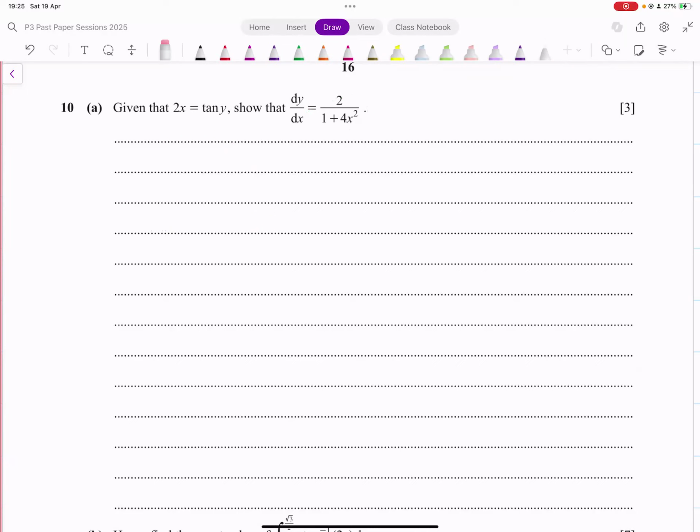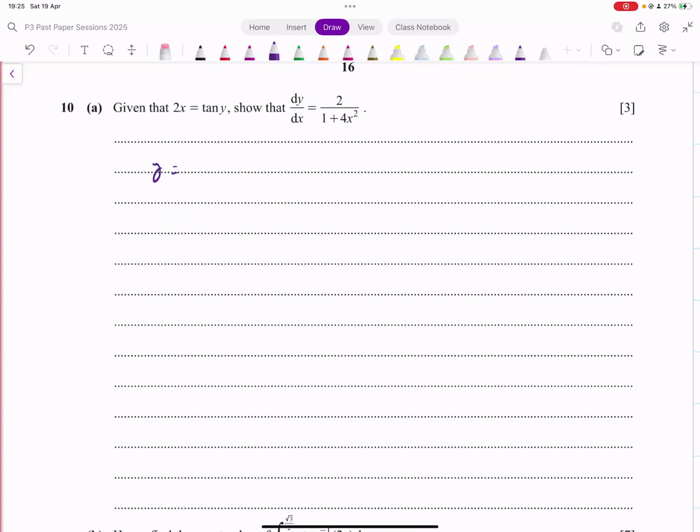Generally, we don't do that when y is not the subject. We just use implicit differentiation. But in implicit differentiation, in the final result, we get something in terms of x and y both, right? We don't want any y here. So for that reason, you should first make y the subject in this case, and that will make things easier.